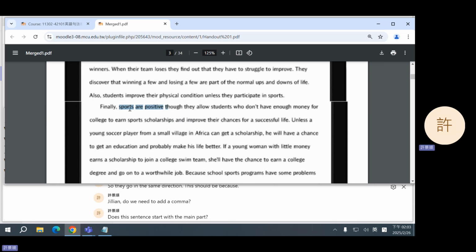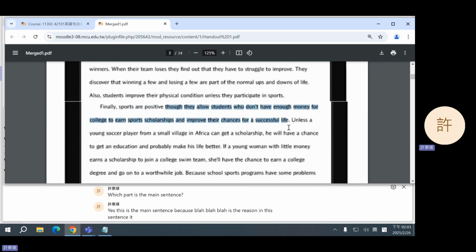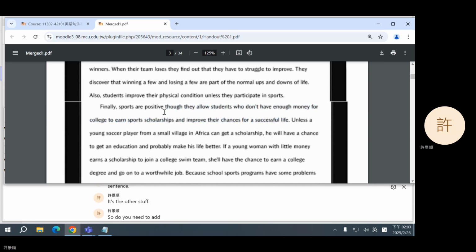So sports are positive is the first half, though, or sorry, because blah, blah, blah is the second half. Which part is the main sentence? Yes, this is the main sentence. Because blah, blah, blah is the reason in this sentence. It's the other stuff. So do you need to add a comma here?